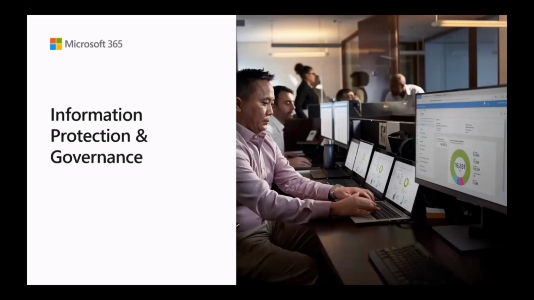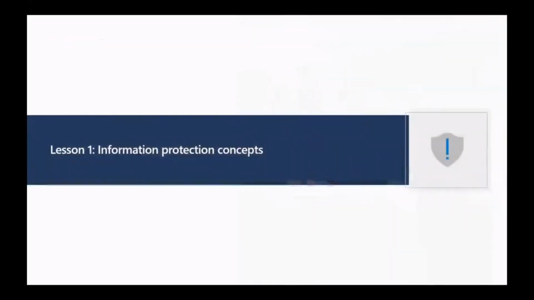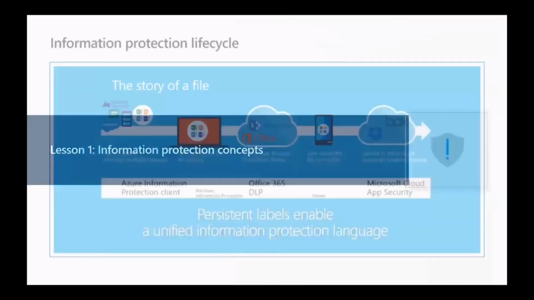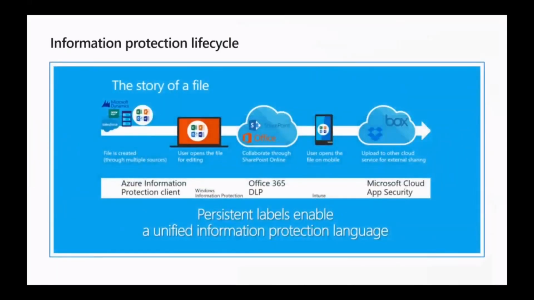Information protection and governance. We're going to start by defining some concepts. First, information protection concepts and the general description for all these points. First we need to define an information protection life cycle.